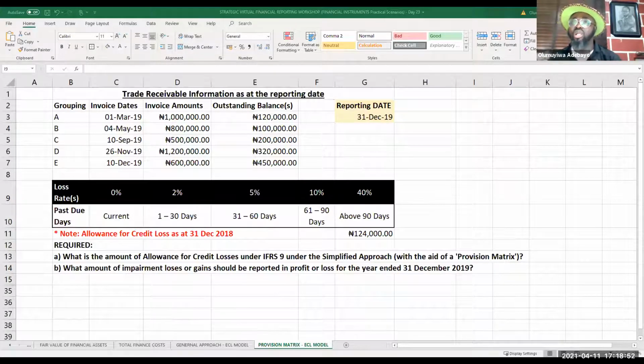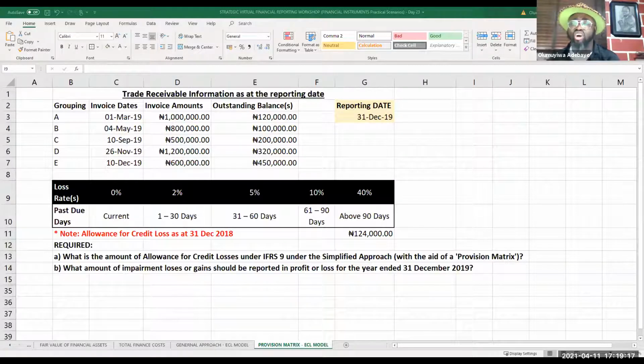Because remember, your loss rate should be a reflection of 3 things: historical, current, and forward-looking, which means forecasting. And the most recent period is a better representative of the future than the more backward periods. And that is how you derive it.